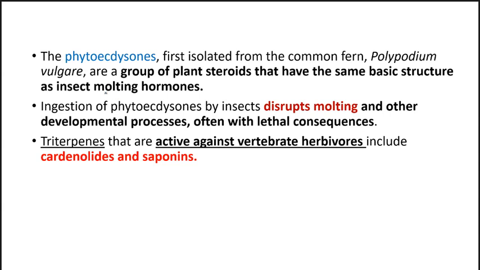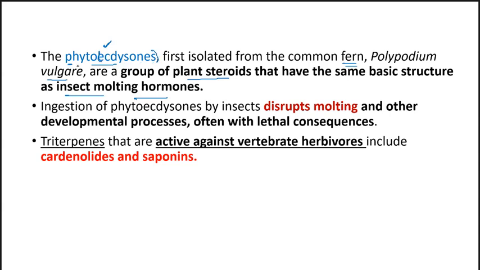Next, another example, phytoecdysones, which are isolated from a fern named Polypodium. These phytoecdysones are a group of plant steroids. They have the same structure as insect molting hormones. These ferns, in response to stress or pathogen attack, synthesize phytoecdysones. Ecdysones, we all know, are molting hormones.